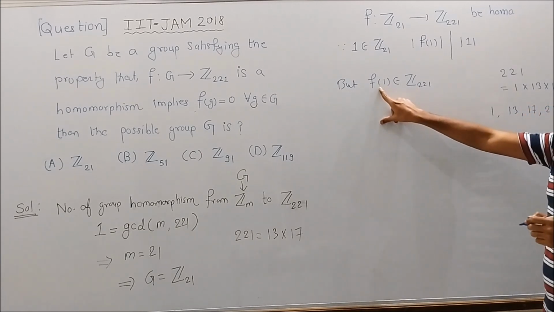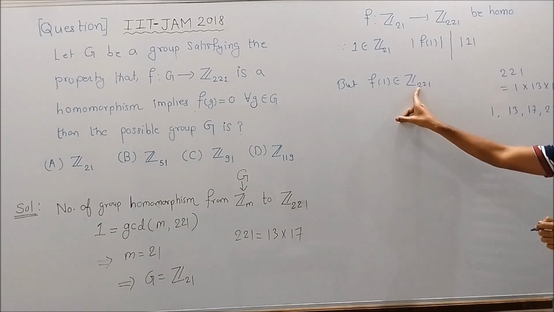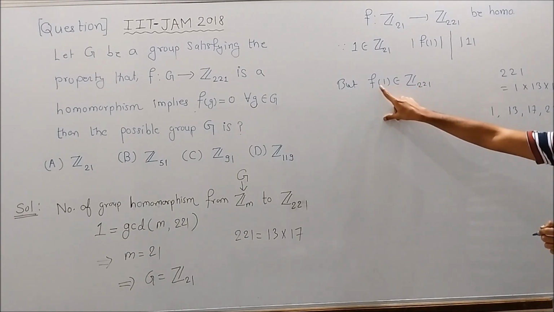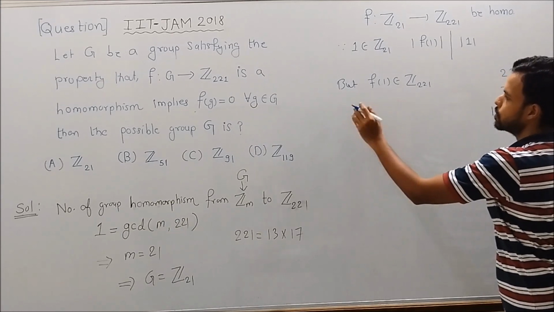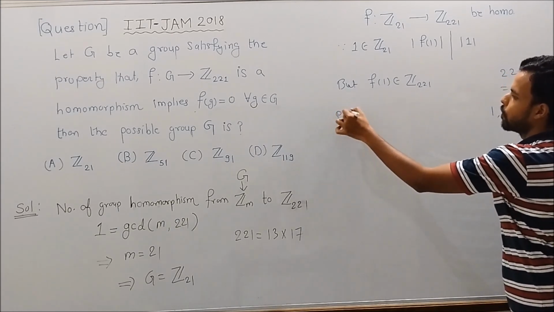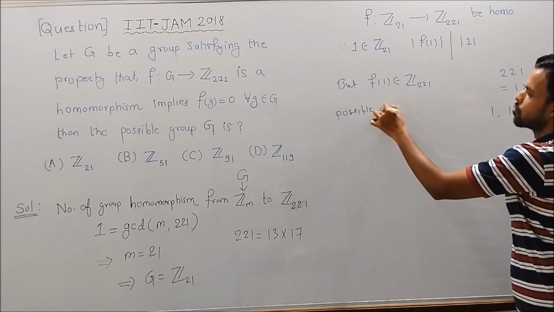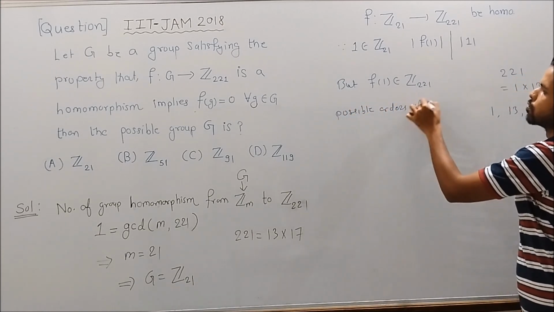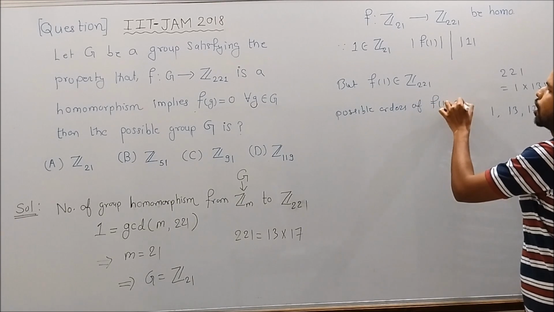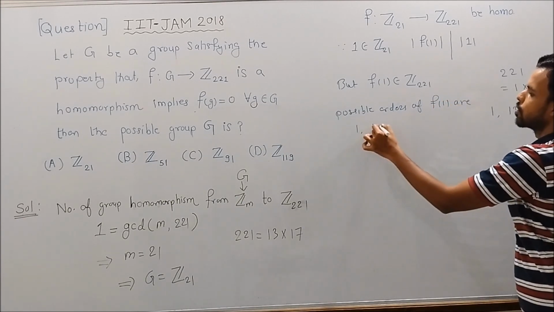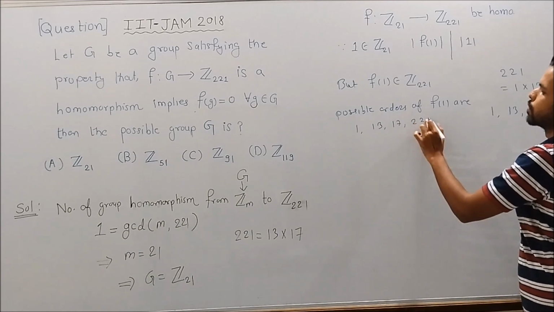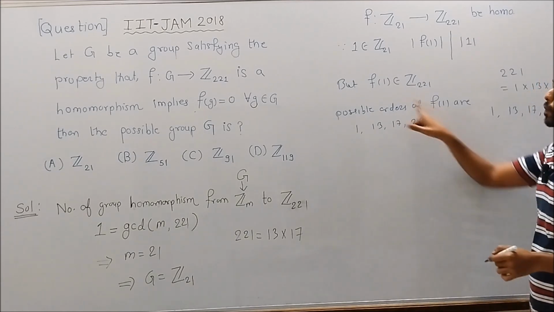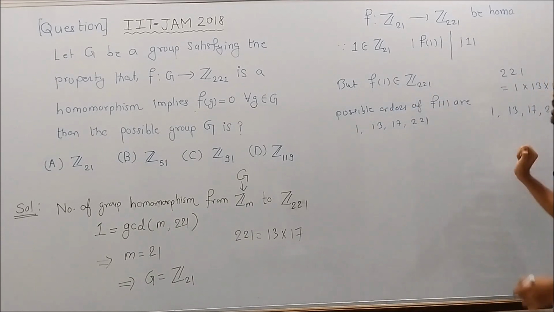And since the order of an element divides the order of the group, the possible orders of f of 1 are 1, 13, 17 and 221. These are the possible orders of f of 1.